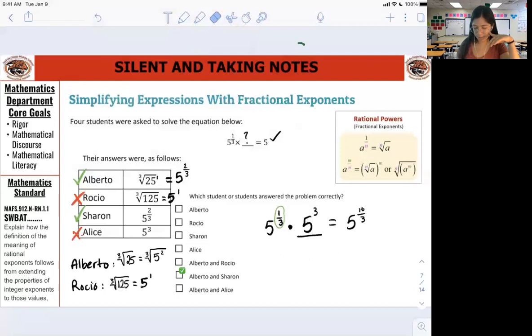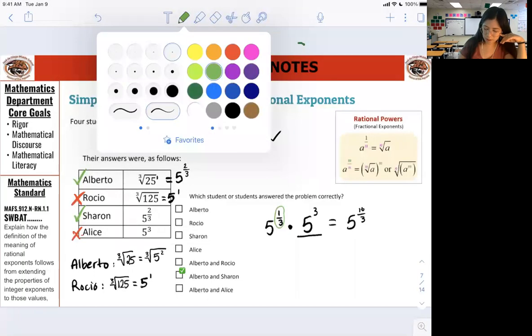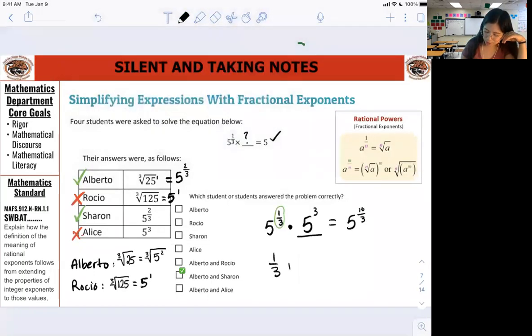How did you get 9 for the fraction again? Good question. We were doing 1/3 plus 3, right? And just like you said, 3 is the same as 3/1. But we need to have matching denominators. So how do I turn the 1 in the denominator into a 3? What do I multiply it by? I'm trying to get it to become a 3.